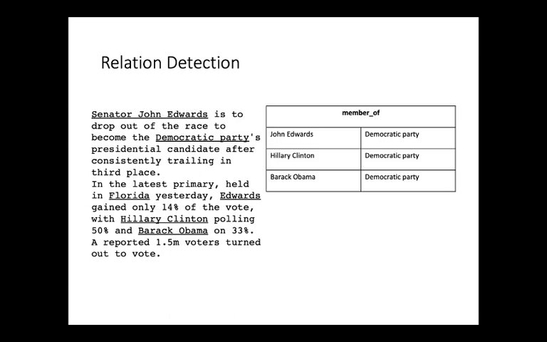And it might be useful to be able to read through this text and to be able to say that there's a member of relationship between John Edwards and Democratic Party, or between Barack Obama and Democratic Party. That's relation detection or relation extraction. So those are three kinds of information extraction. Let's talk about NER first, because it's my favorite.